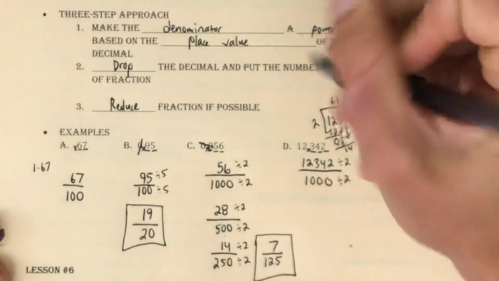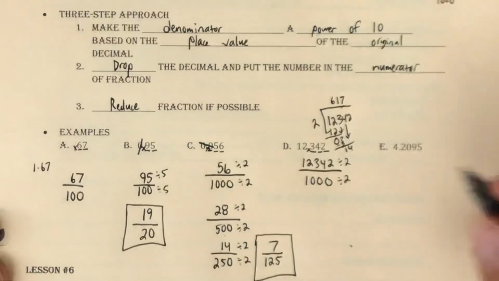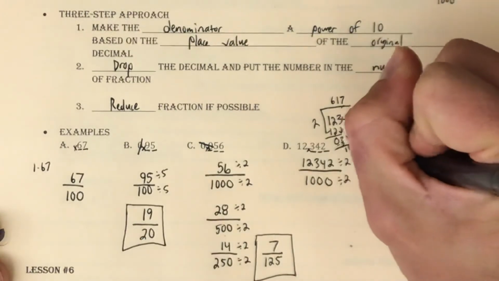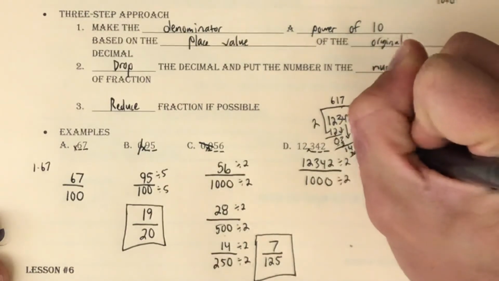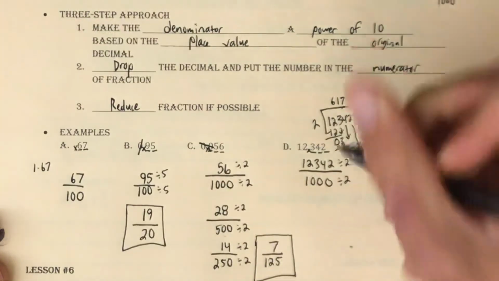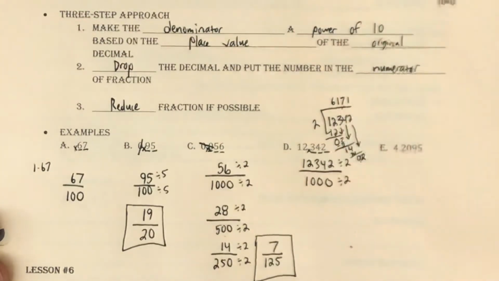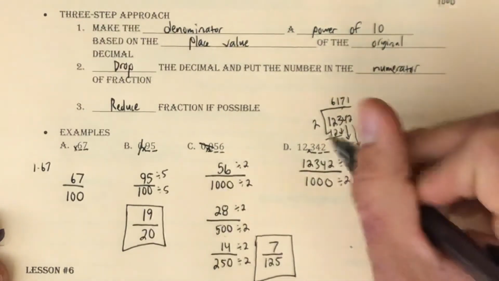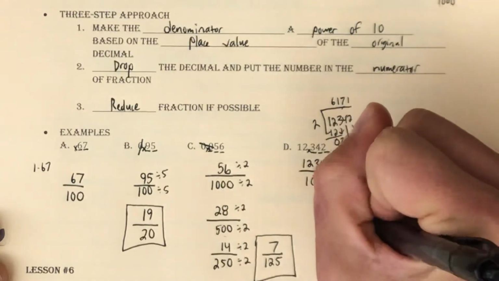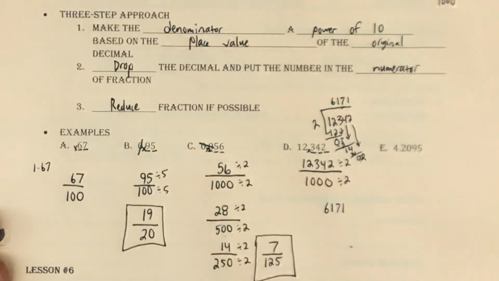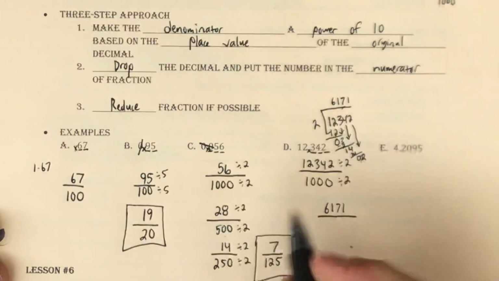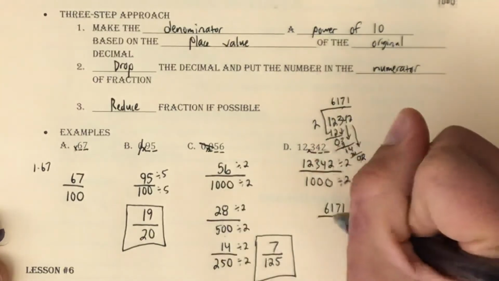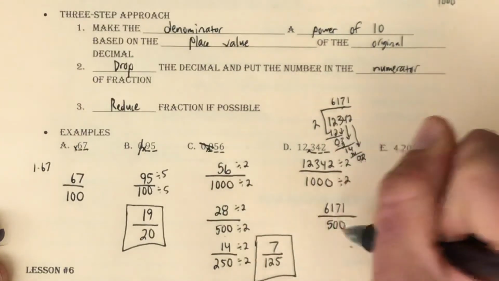So I got 2 into 4, that's 7 times, and that's 14. So 0, bring down the 2. And then, I'm running myself out of room, 2 into 2, 1 time. So I figured out that 2 goes in there 6,171 times. Well, I remember from last one, 2 goes into 1,500 times.